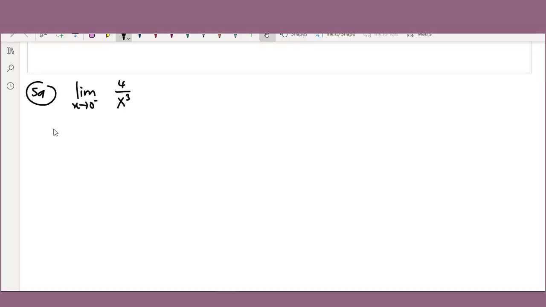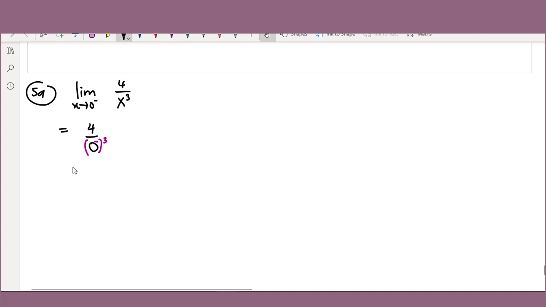Number 5a, limit of the function 4 over x cubed as x approaches 0 from left. Substitute directly: 4 over 0. Actually, it is not good to just write 0. To show you, this is 0 negative, from left, and the power is cube, an odd power.